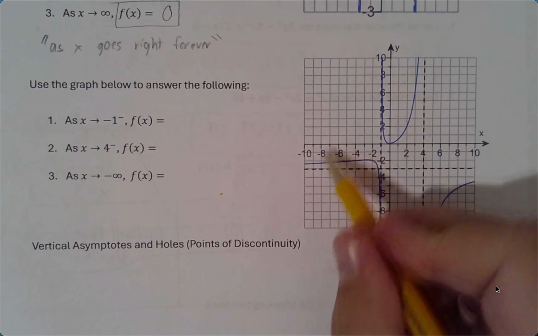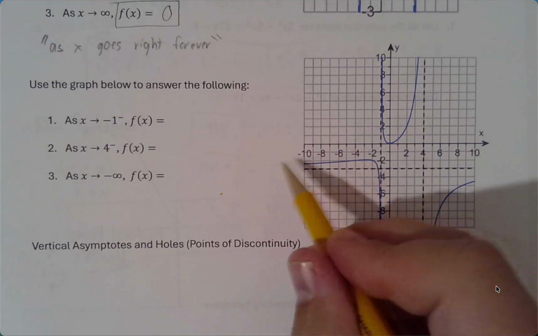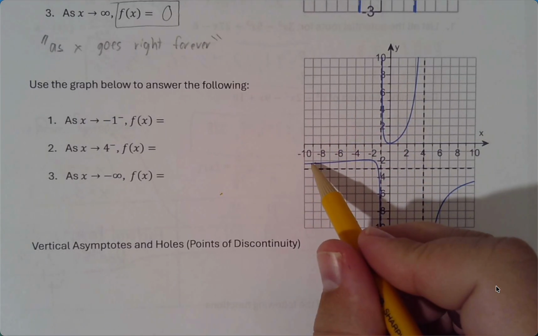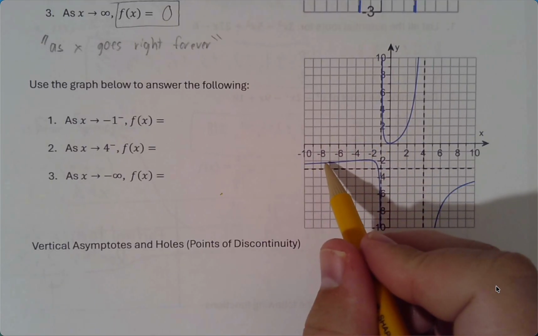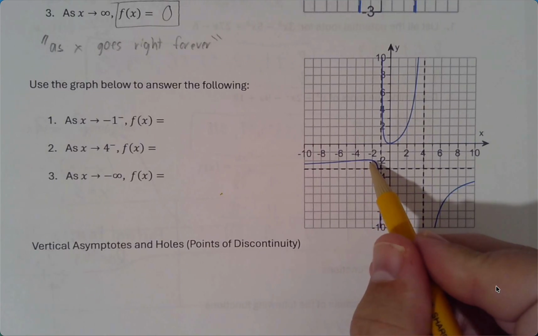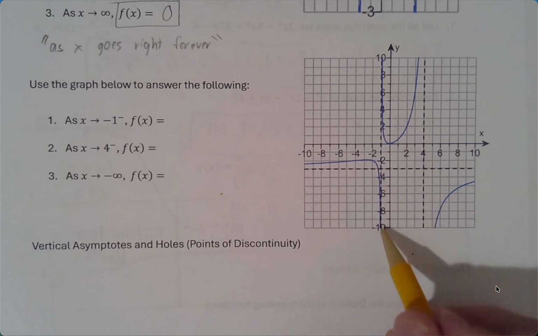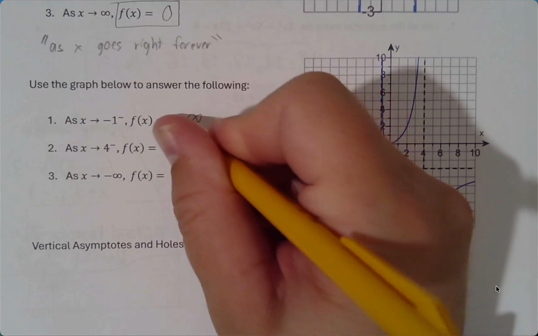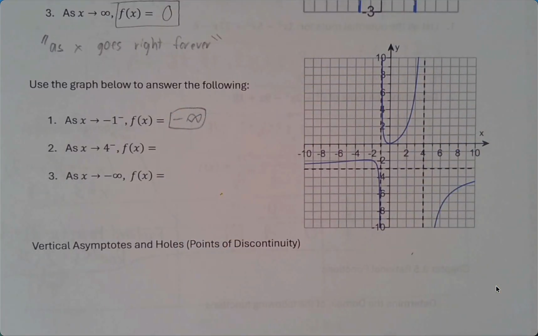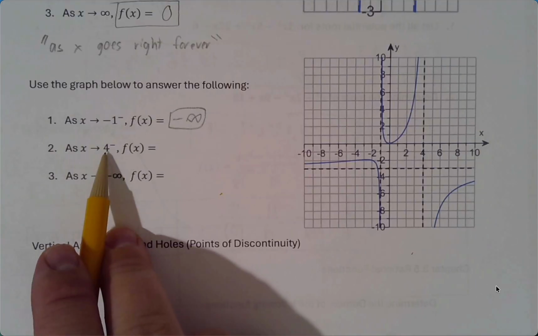From the left means I'm just somewhere over here, anywhere to the left of that asymptote, and I see this graph segment. Now that I've moved to the left onto this graph segment, I follow it back towards my asymptote, and as I do, my pencil starts going downwards very fast. So guess what? Downward very fast and forever is negative infinity.